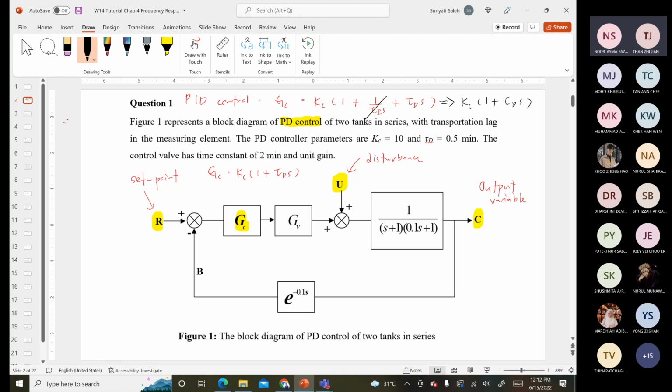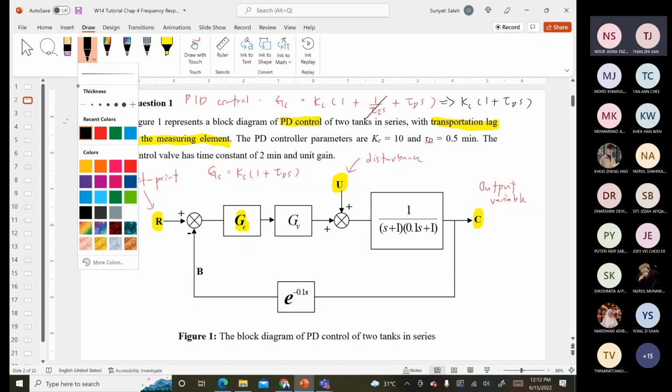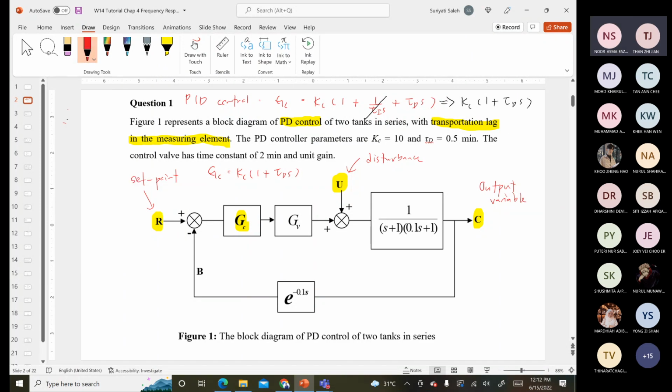So this one, PD control of two tanks in series. The tanks, however, are not given, so they are just represented by the block diagram. And then the next information, transportation lag in the measuring element. The transportation lag in this case refers to the time delay.